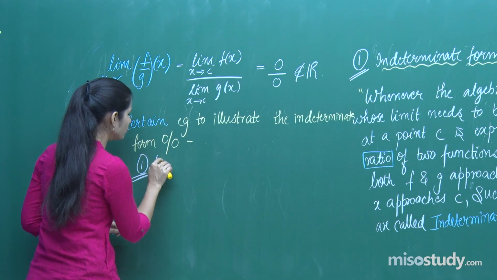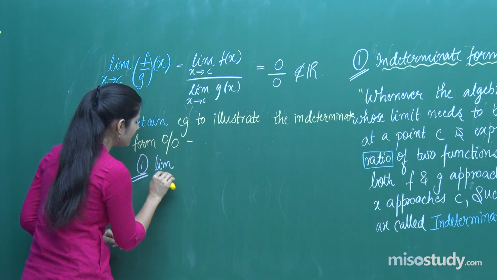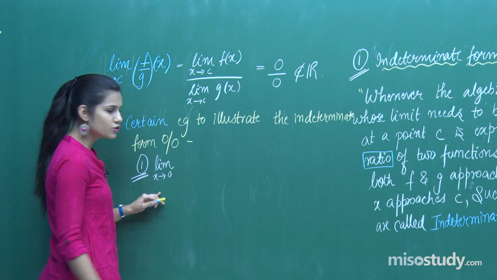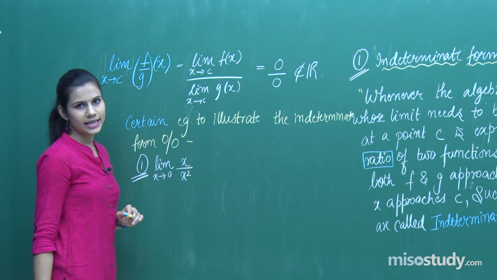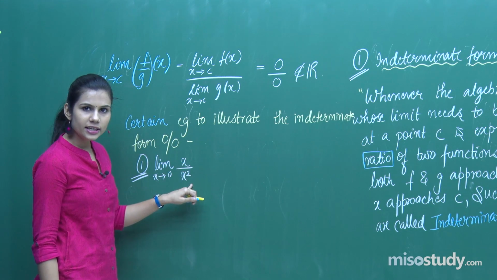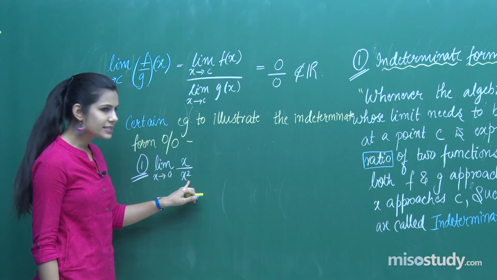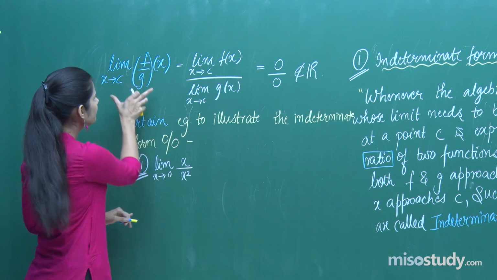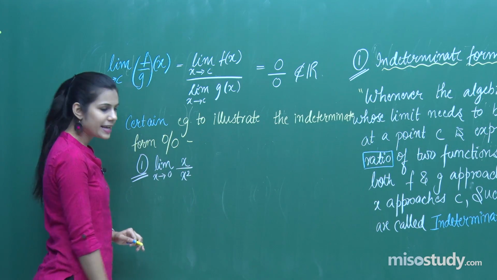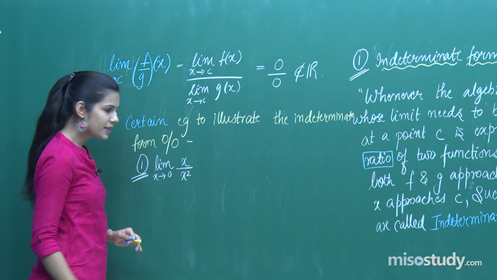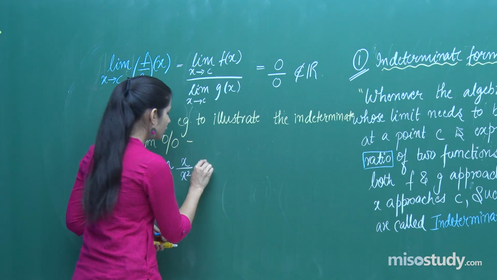Suppose I ask you to evaluate the limit as x approaches 0 of this expression, f by g, where f(x) equals x and g(x) equals x squared. This expression is copied over here with f(x) replaced by x and g(x) replaced by x squared.